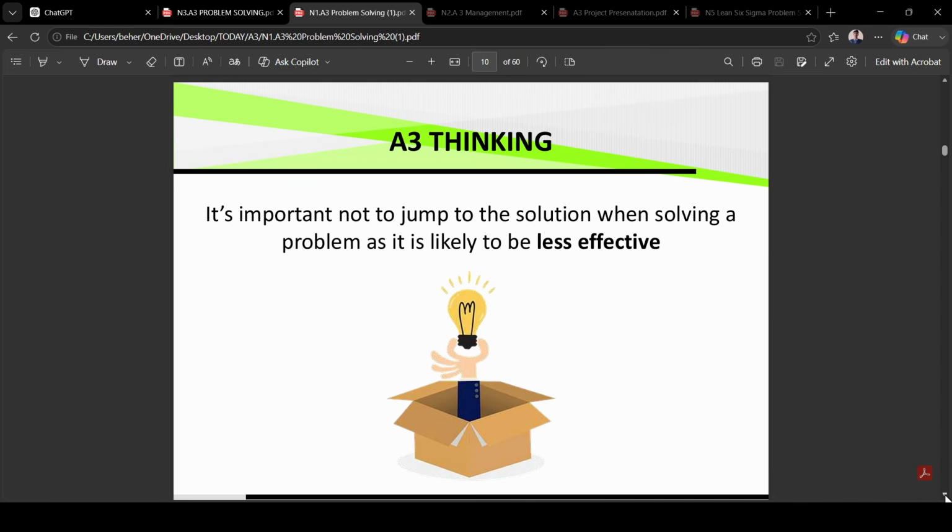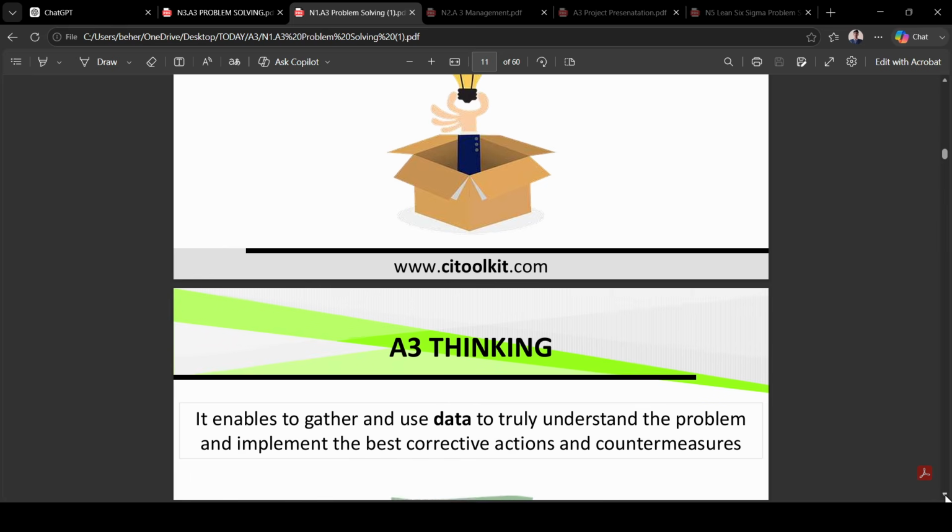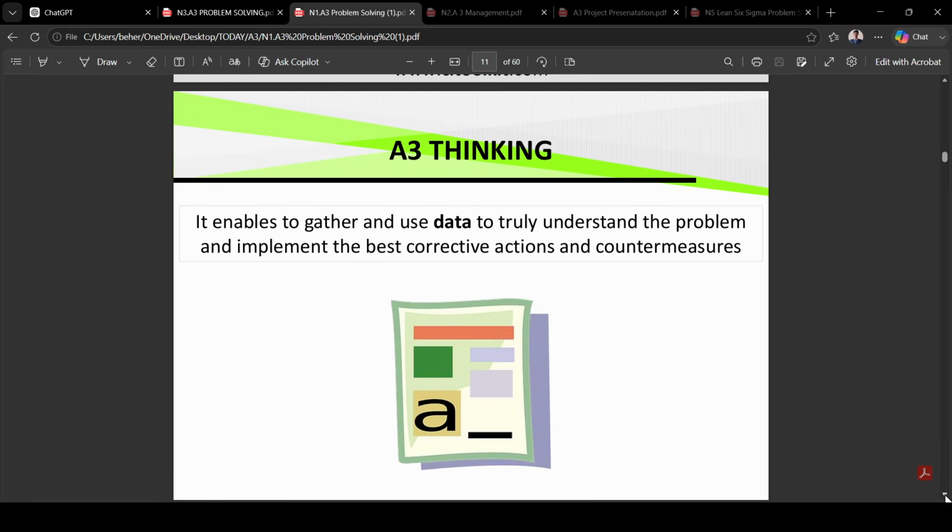It is important not to jump to the solution when solving a problem, as it is likely to be less effective. It enables you to gather and use data to truly understand the problem and implement the best corrective action and countermeasures.